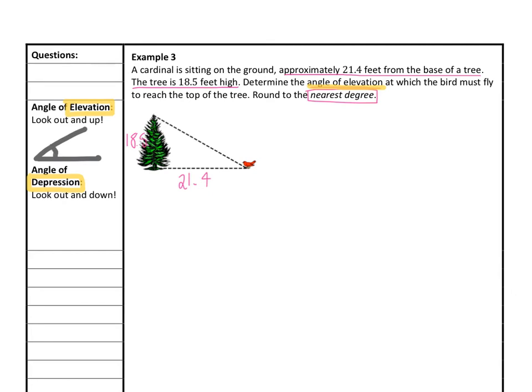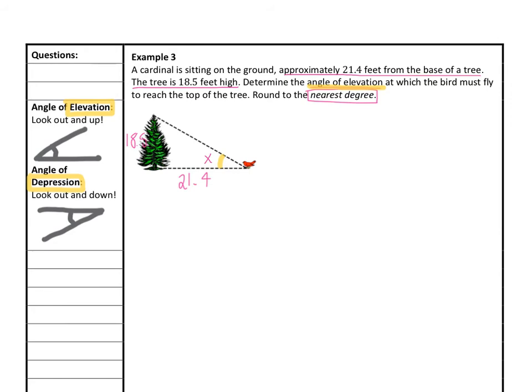Whereas the angle of depression is you look out, but then you look down, so that the angle of depression would be here. So we're going to look at some word problems that include both of those. But for right now, we're looking for the angle of elevation, so meaning the angle we're looking for is going to be right there. So I'm going to put a little X in that spot.